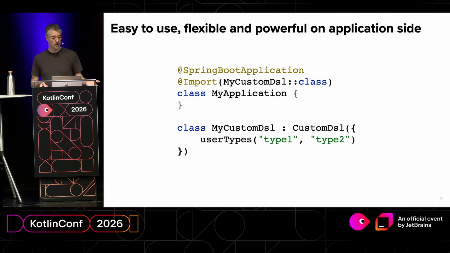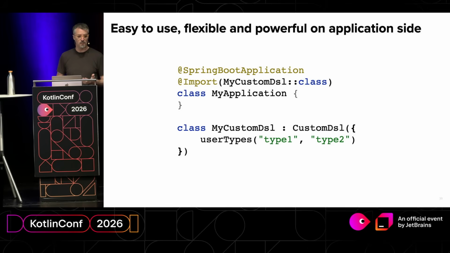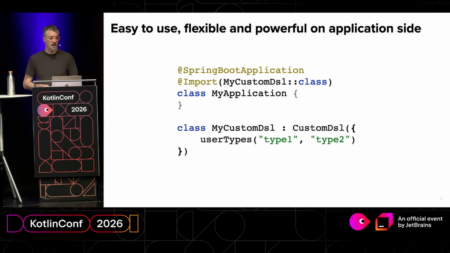And then your user will have a custom DSL, which is not exposing low-level concepts like beans and stuff like that, just providing a kind of high-level API to configure your library. And I think that's something that you could easily import with this @Import thing.